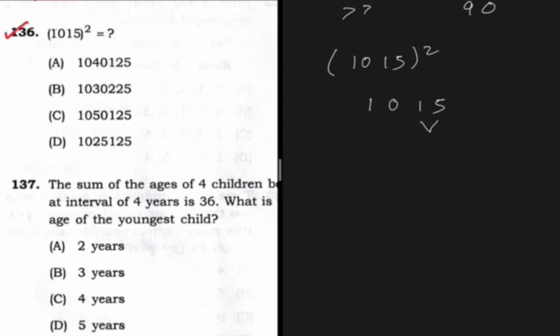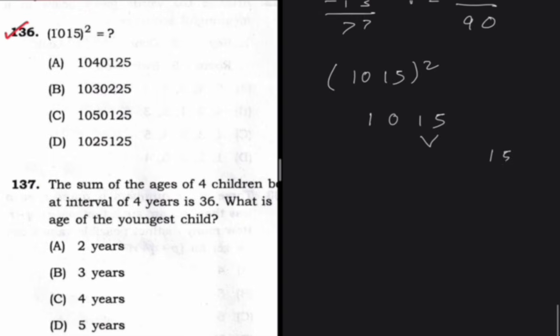First we'll find the square of just the 15. So 15 into 15. 5 times 5 is 25, carry 2, 5 times 1 is 5, plus 2 is 7, and 1 5. So here it's 225.